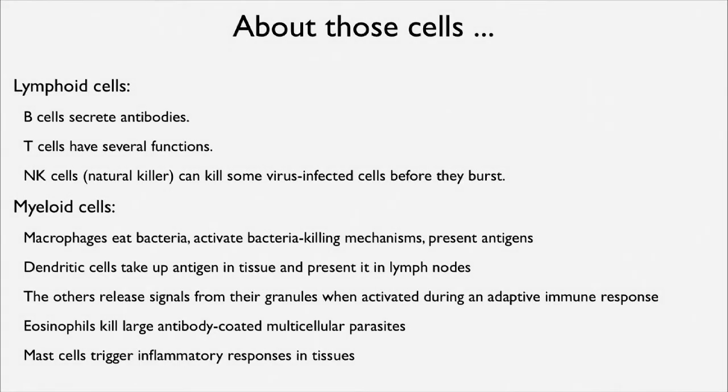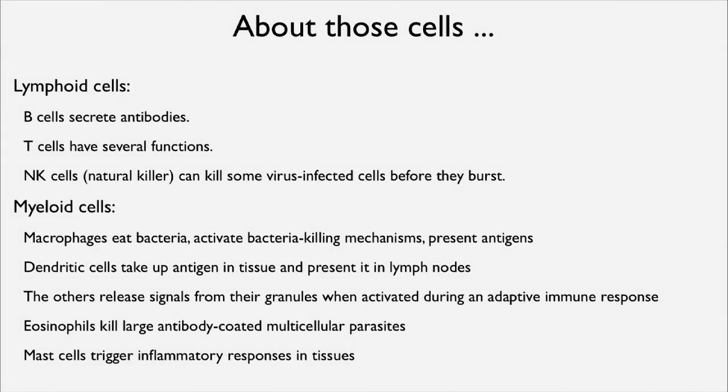The myeloid cells are not primarily associated with the lymph system, but could be distributed throughout the body. They consist of macrophages. They actually eat bacteria, and they activate bacteria-killing mechanisms. The dendritic cells are the things that I've described as the guard cells, or the sentinels. They are out in the tissue, and they will take up antigen and present it in lymph nodes. So they will actually take up pieces of a pathogen and chop it up and present specific molecules in lymph nodes.